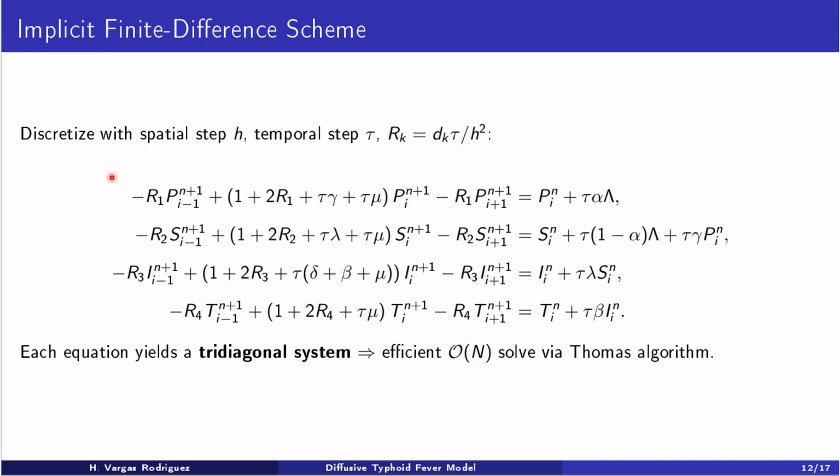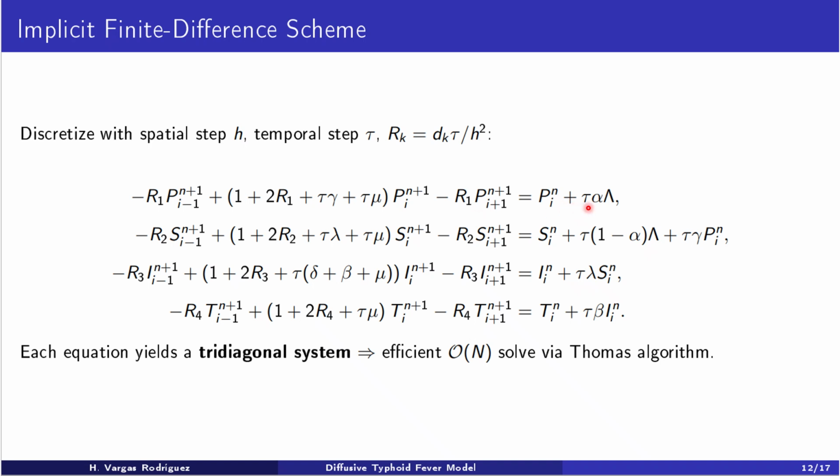Each equation has the same tridiagonal structure. The unknowns at the next time level, n plus 1, appear at three adjacent spatial nodes, i minus 1, i, and i plus 1, while the right-hand side uses the known values from the current level n.